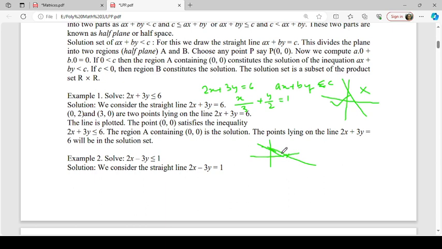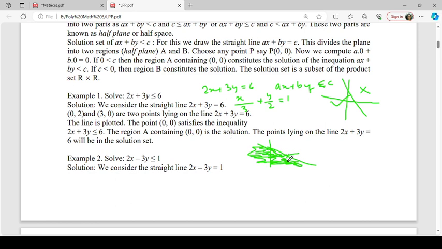Now less than 6: with x equal to 0, y equal to 0, the value is 0, which is less than 6, so the point (0,0) is here. Every (x,y) satisfying the inequality will be on this side. This is the region where it is satisfied.